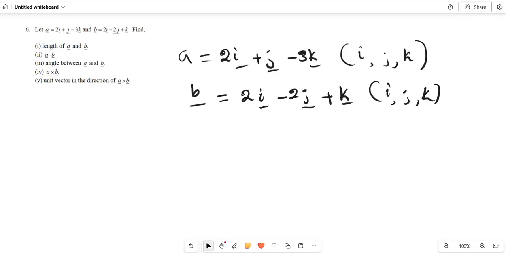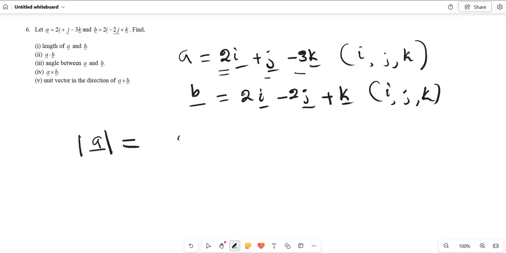How do you take the magnitude of any vector? Okay, the magnitude you can take from the 3D Pythagoras theorem. So if you want to take the magnitude of A, you take the coefficient of each i, j, and k, and square them and add them. What is the coefficient of i here?